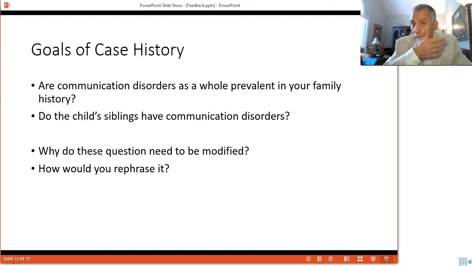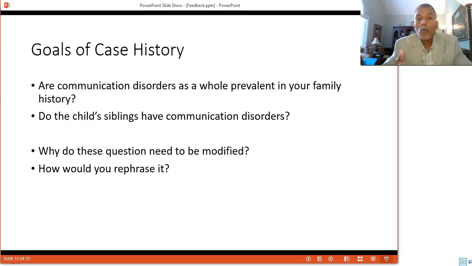So how can you expect a parent to come and know? Instead of that, you will say, does the father or the mother, or do you have close relatives who have language problems, who have difficulty speaking or difficulty comprehending, or spell it out.